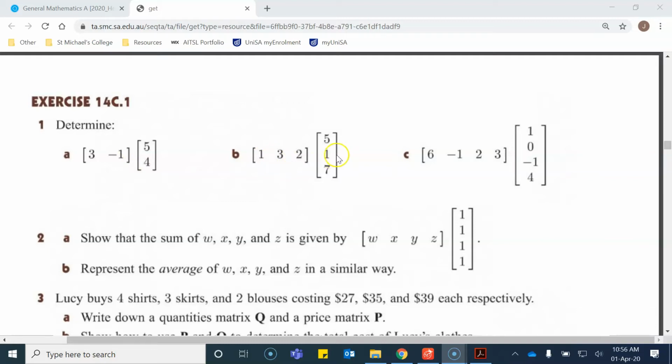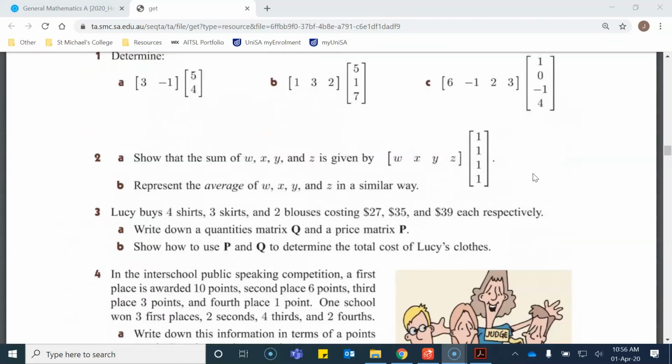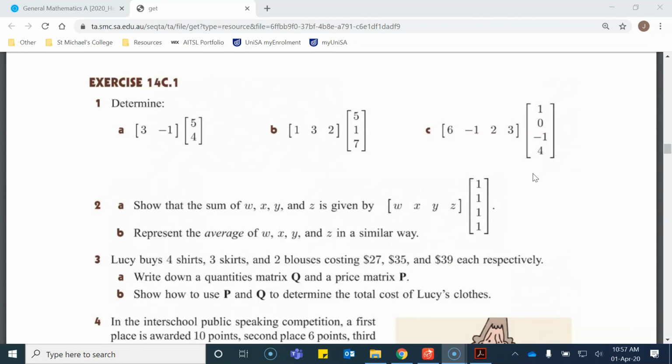This is a 1 by 3, that's a 3 by 1. Again, we can do that multiplication and the resulting matrix will be a 1 by 1. And then this is a 1 by 4 and that's a 4 by 1. Again, we'll be able to do that multiplication and the resulting matrix will be a 1 by 1. Then we'll have a go at doing a few more difficult ones in tomorrow's lesson.